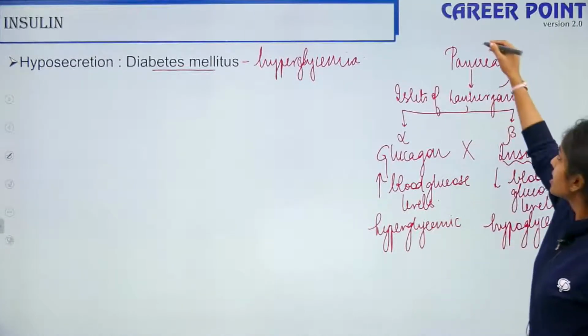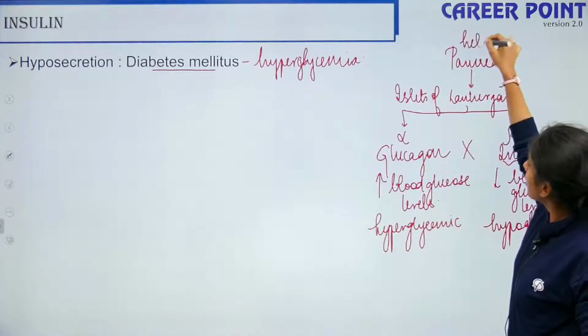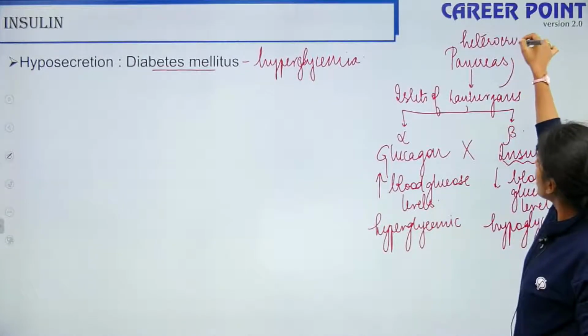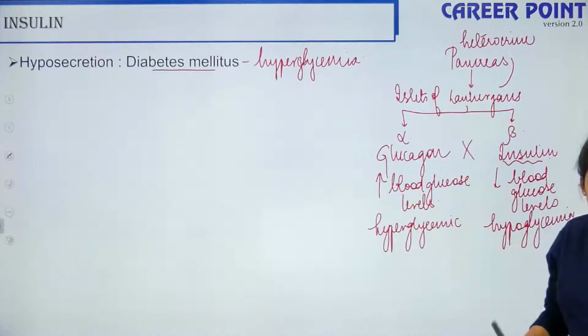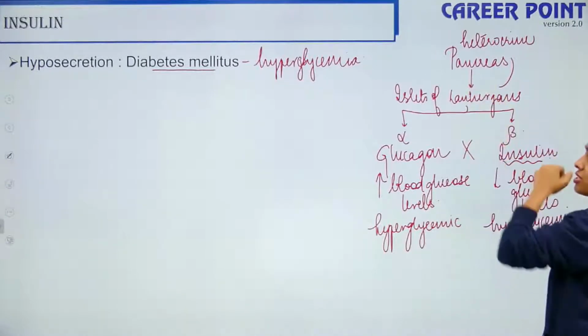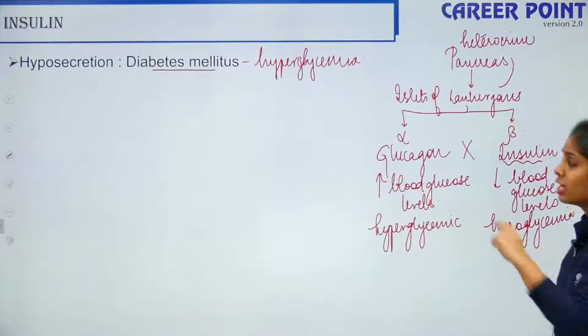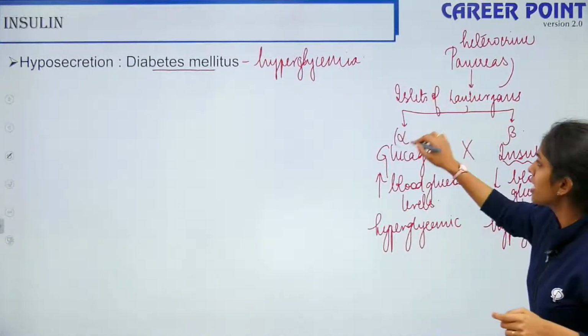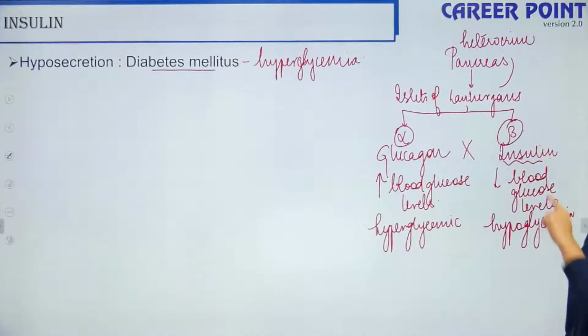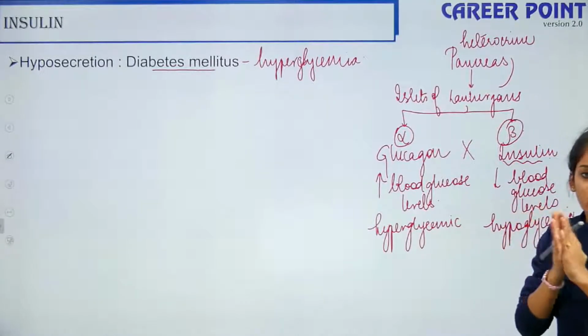The pancreas is a heterocrine gland, meaning it has both endocrine and exocrine nature. The endocrine portion of the pancreas has a group of cells known as islets of Langerhans, which has two types of cells, alpha and beta cells. The beta cell produces insulin. Insulin brings down the blood glucose level.